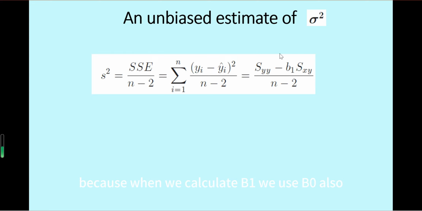So there are 2 degrees of freedom lost. That's why we divide by n minus 2 here. But S square is an unbiased estimate of sigma square.